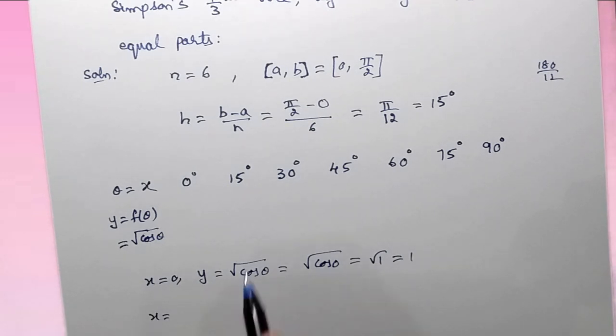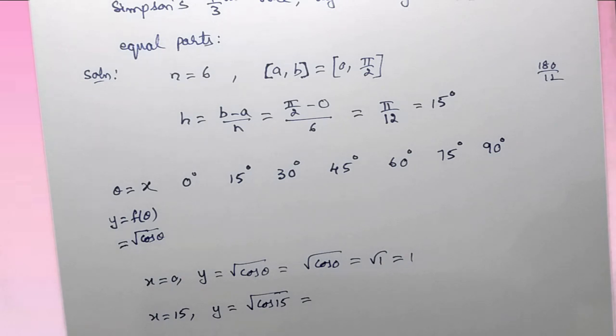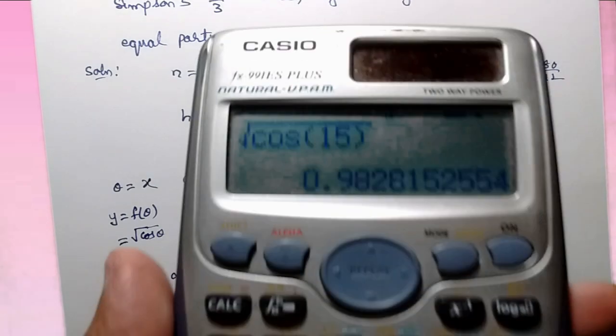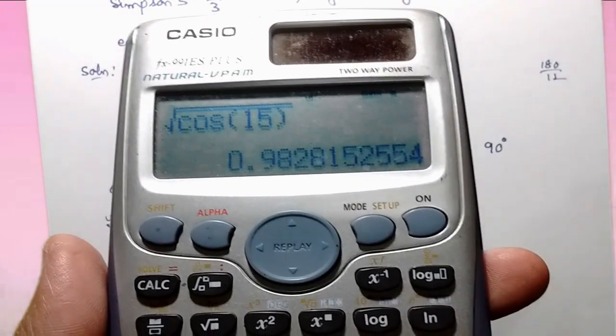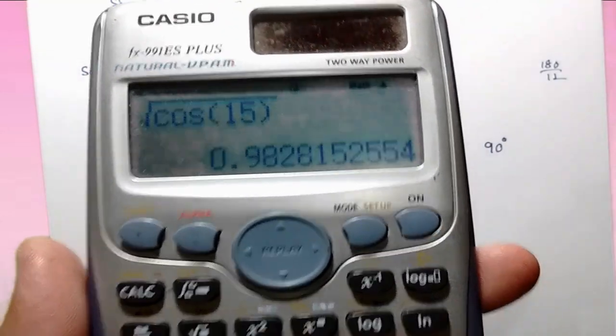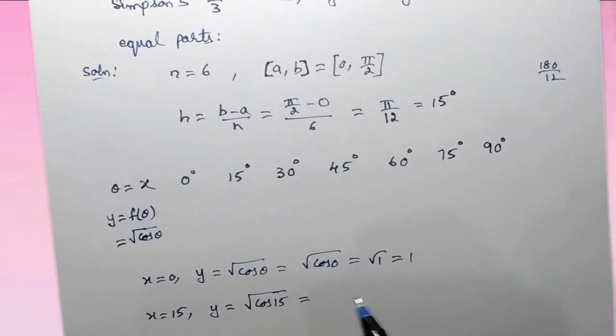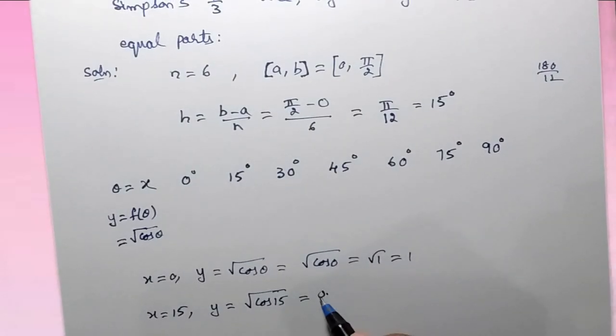When x is 15, the value of y will be square root of cos 15. Because it is in terms of degrees, you have to keep your calculator also in degrees. Root of cos 15 is 0.9828.